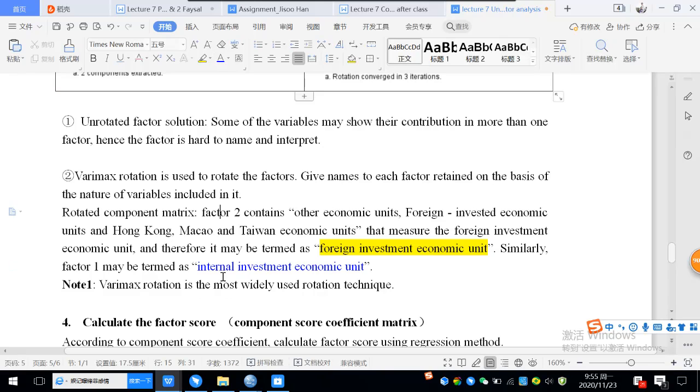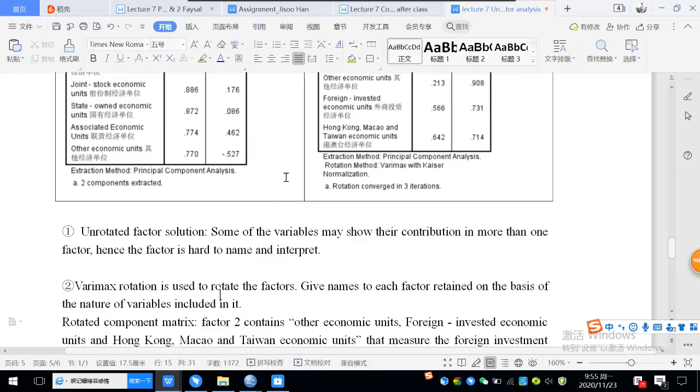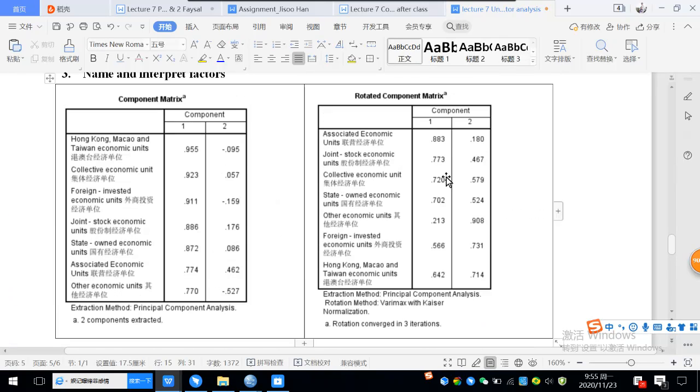Okay, so here is the name. Please name the factor 1 and the factor 2. And for you, use the rotated component matrix to analyze. The factor 1 includes which variables? Factor 2 includes which variables?